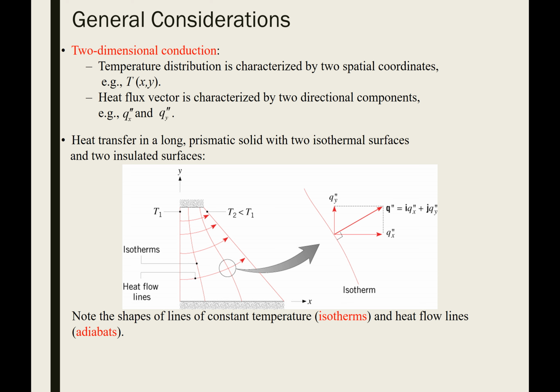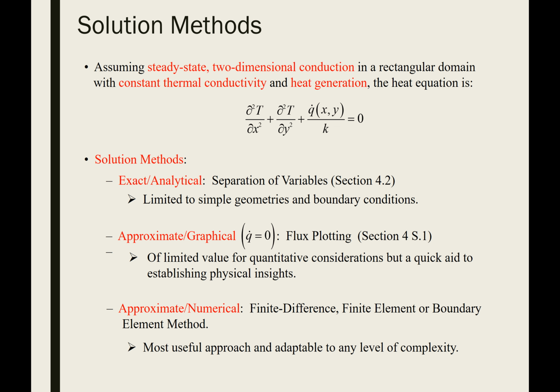And when we apply Fourier's law, we need to account for the vector form of Fourier's law when we talk about how heat is flowing in these two different directions. There are certainly various solution methods, and those of you who have taken partial differential equations have encountered these kinds of problems.